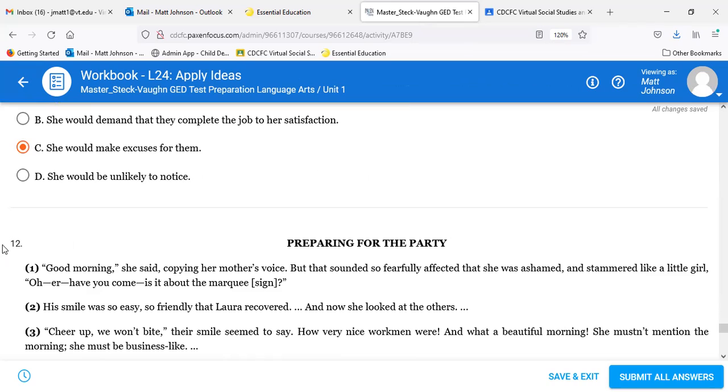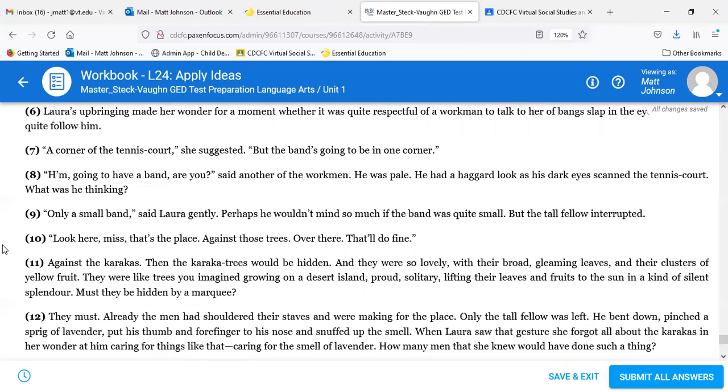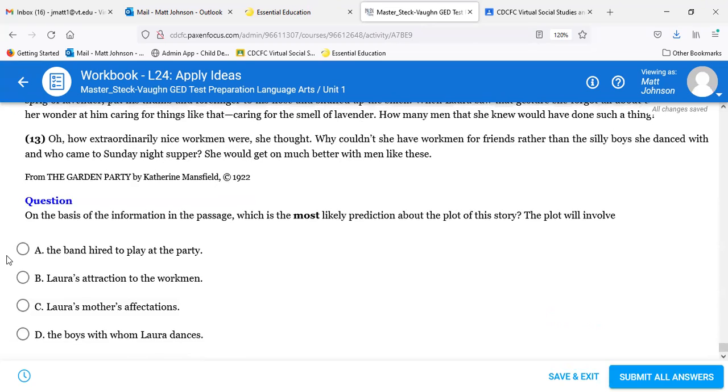And then finally, our last one here, number 12. Tracy, you want to read 12 for us? On the basis of the information in the passage, which is the most likely prediction about the plot of this story? The plot will involve A, the band hired to play at the party. B, Laura's attraction to the workmen. C, Laura's mother's affectation.